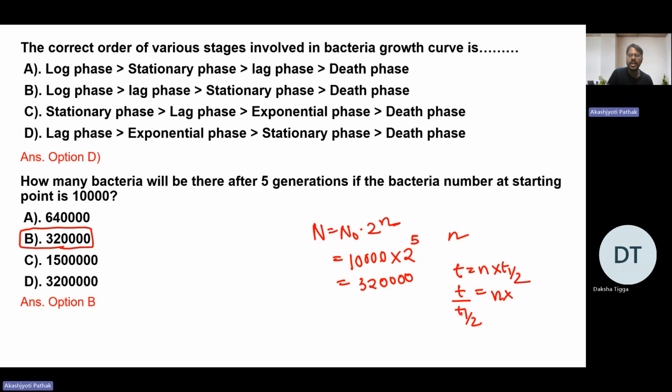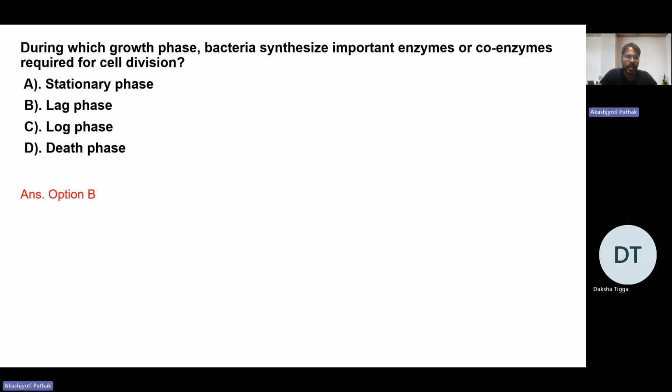T half is the doubling time, and T is the duration for which you have cultured the bacteria. You have cultured it for say 72 hours, and the doubling time is 20 minutes. Then accordingly you can calculate the number of generations of the bacteria.